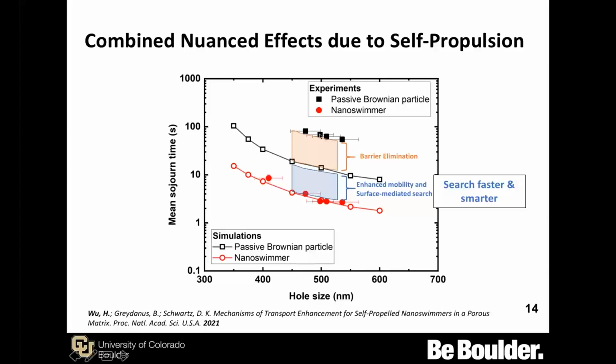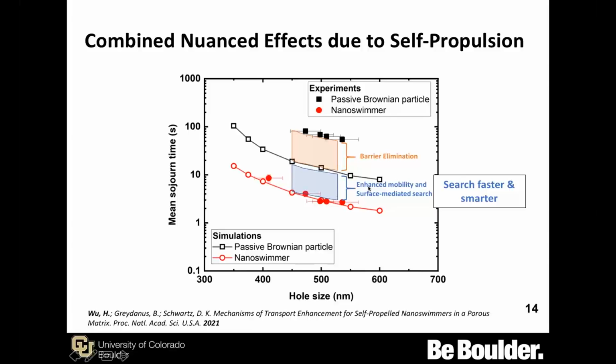The first difference is the barrier-limited elimination, because for passive particles there is an energy barrier at the hole exit, which prevents the particle from moving out. So when we have the self-propulsion effect, it provides additional kinetic energy to overcome that energy barrier. This accounts for the first part of the acceleration.